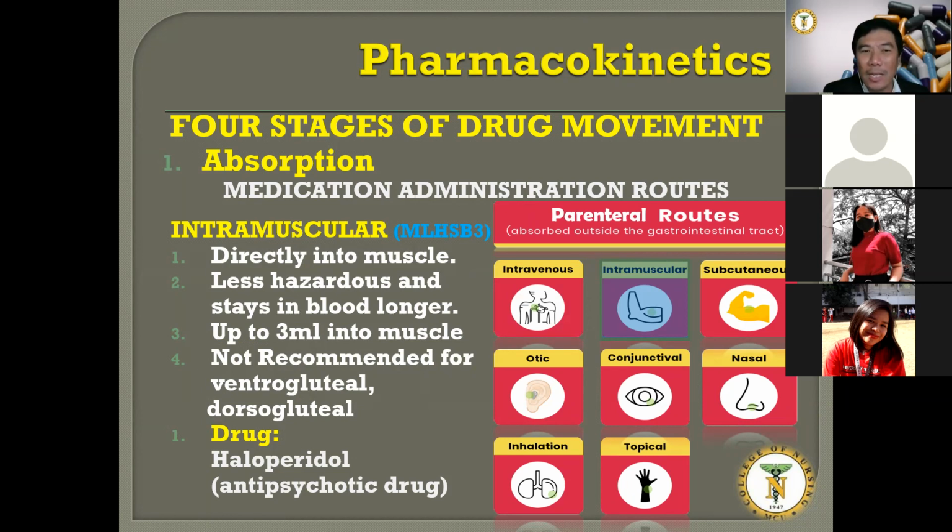Then the B3: B stays in the blood longer, and 3 is the maximum volume that can be administered via intramuscular, only 3 ml. So we have ML, HS, B3. M, muscle. HS, less hazardous. B, stays longer in the blood.